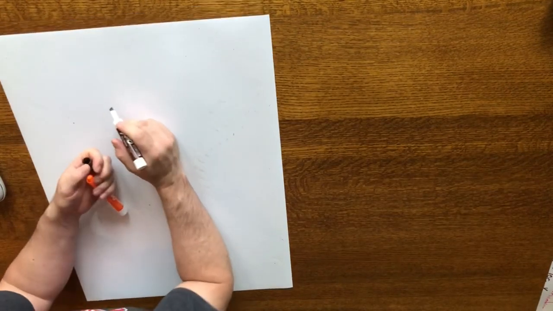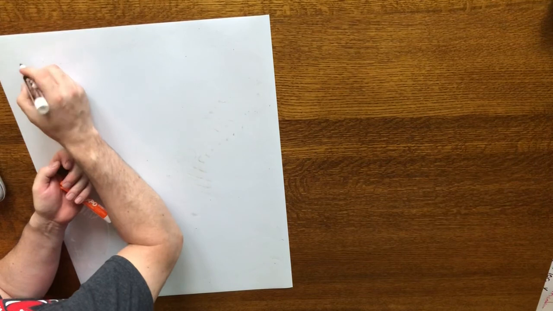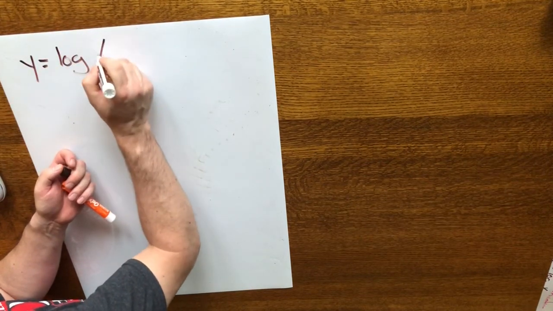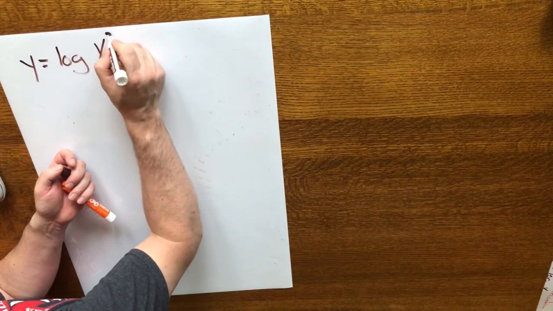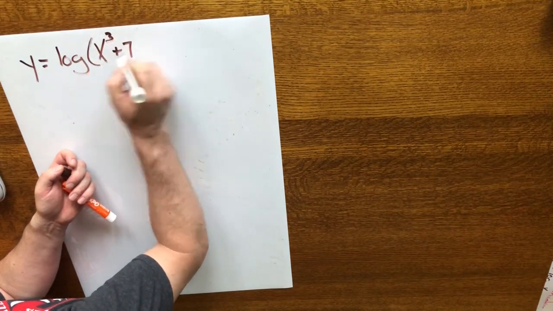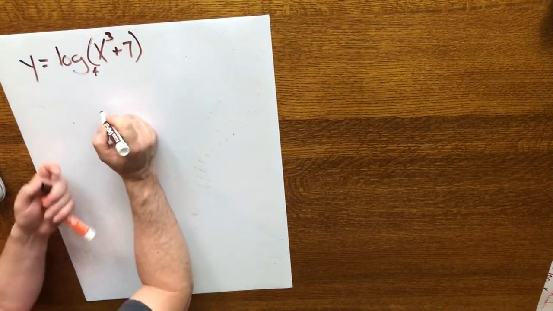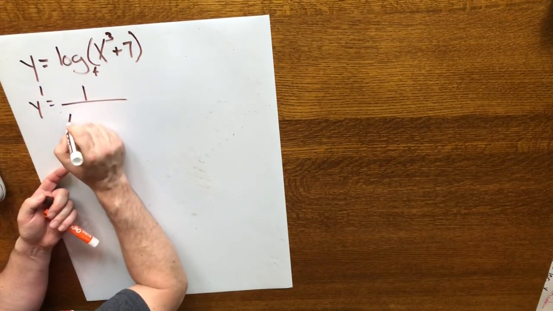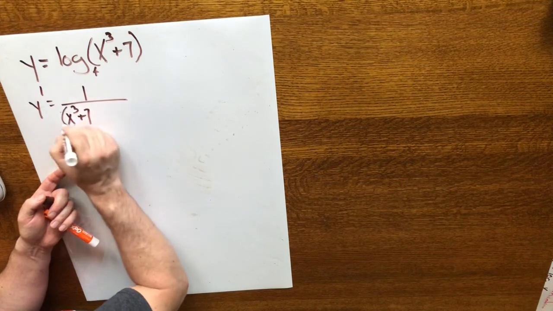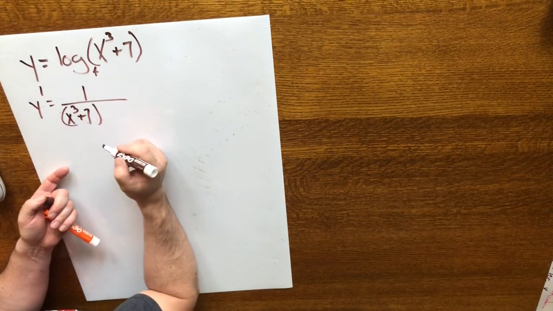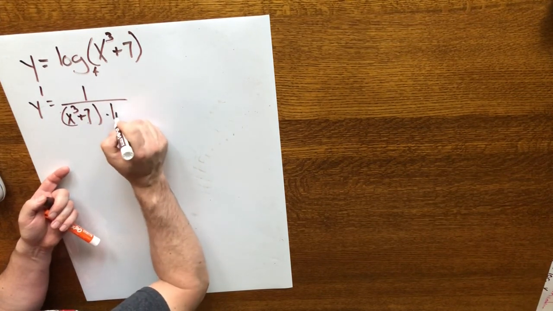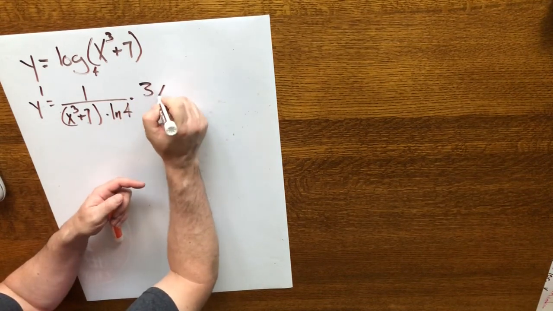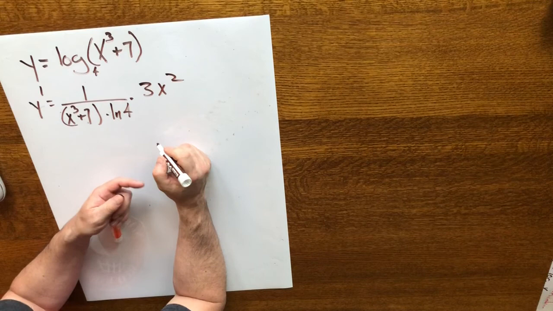What happens if the argument gets complicated? What happens if we're doing y equals the log of x cubed plus 7 to base 4? You would say y prime equals 1 over the argument times the ln of the base times the derivative of the argument.